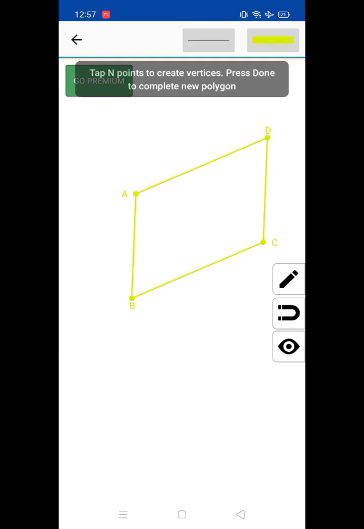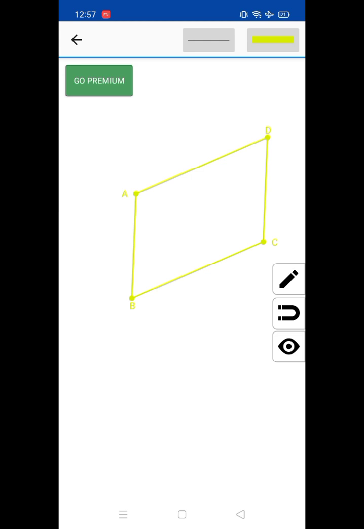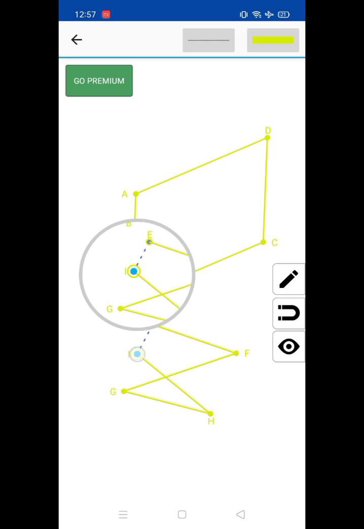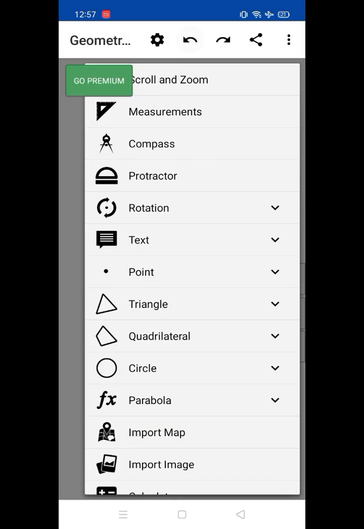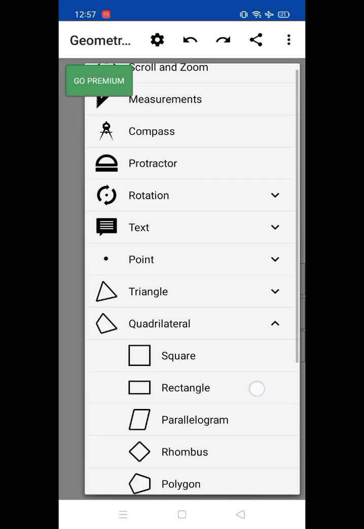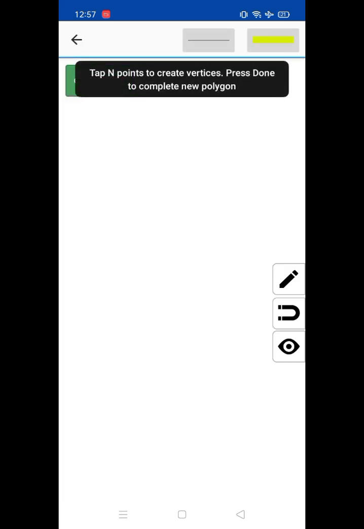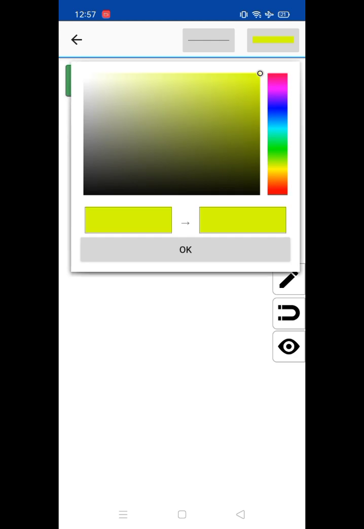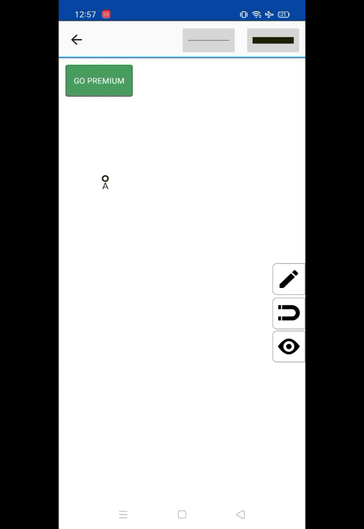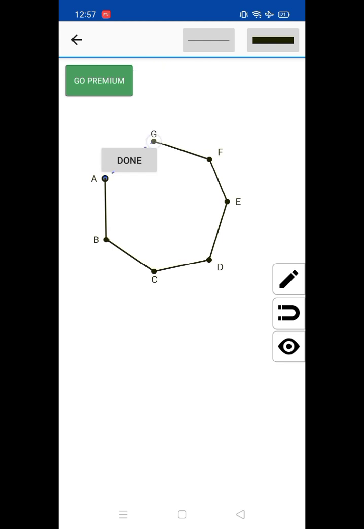Let's try the polygon. Tap endpoints to create vertices. 1, 2, 3, 4, 5. This is my polygon. Let's create a new one. I love the polygons because we can choose how many sides we want to have. 7, 8.